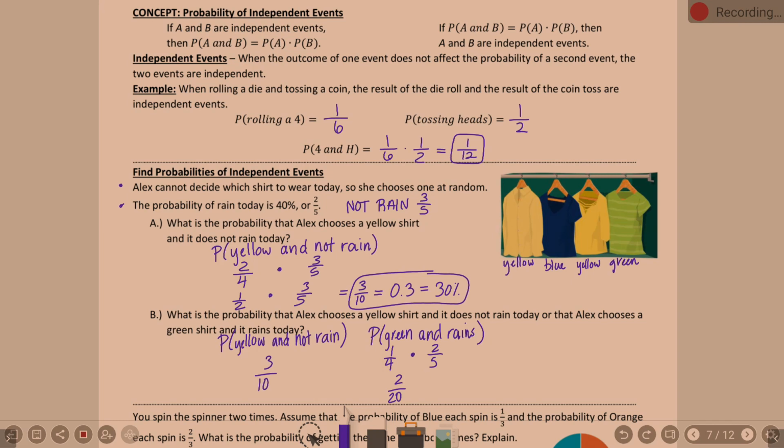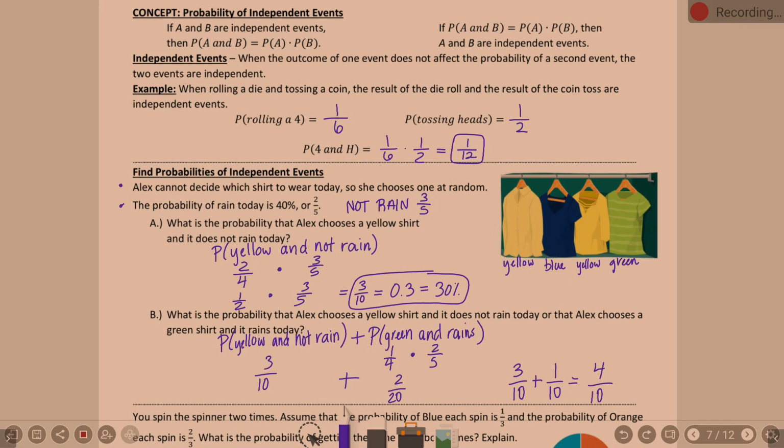Okay, guys, probability that Alex does this or this. What am I going to do with these two probabilities? Add them together. I'm going to add them. Okay, so you're finding the probability of each scenario, and then you're adding them together. So that means I'm adding 3/10 plus, what is 2/20? 1/10. 3/10 plus 1/10 is 4/10.